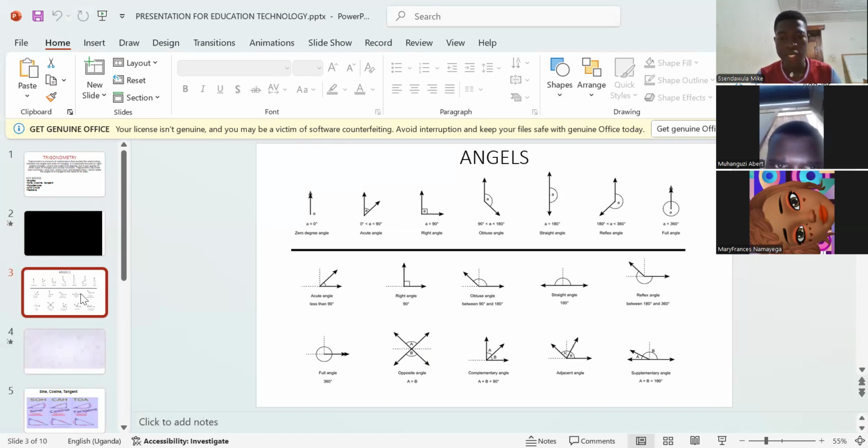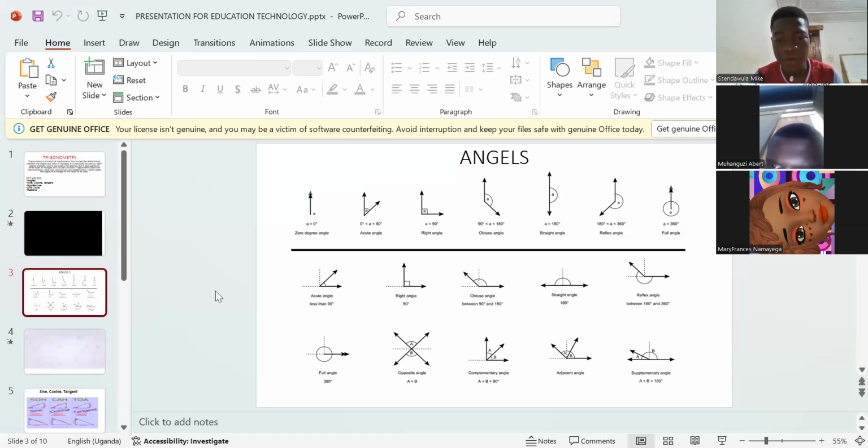In that slide, we can see angles of different kinds. You can have 180. 180 is on a straight line, and if someone is given an unknown angle on a straight line, it is very easy to calculate the answer. So we have 90 degrees. There are very many degrees.